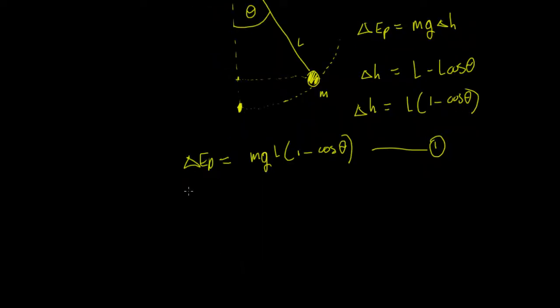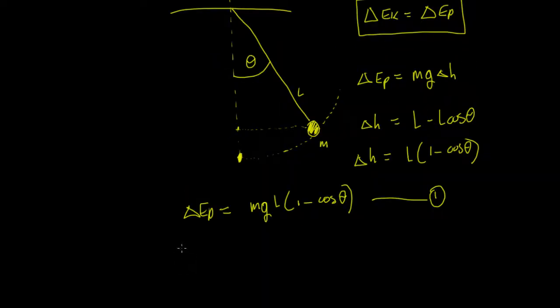Now, the kinetic energy of the system, the change in kinetic energy, is going to equal a half m times the velocity squared, which is the initial starting velocity, vi, and the final velocity at that point there, which is going to be vf.